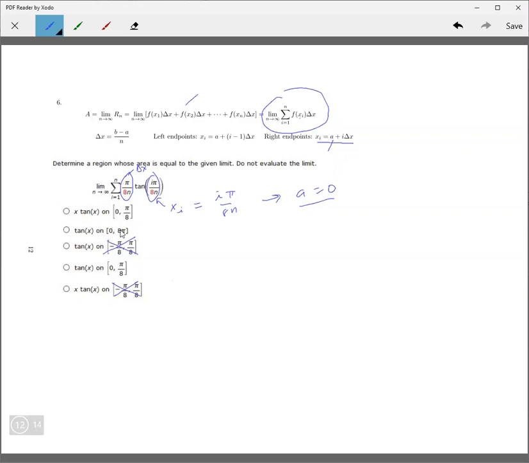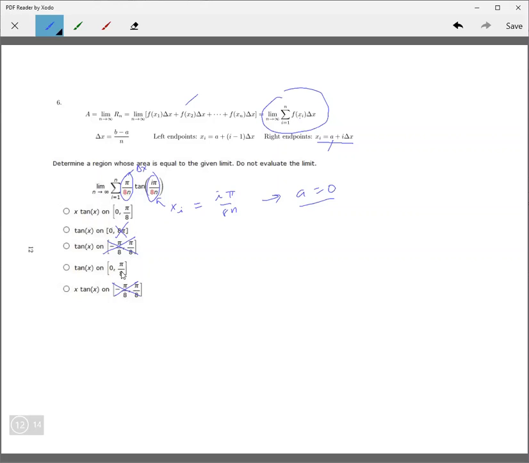Now, if it's the interval from 0 to pi over 8, let's see. 0 to 8 pi, that's probably not that one.